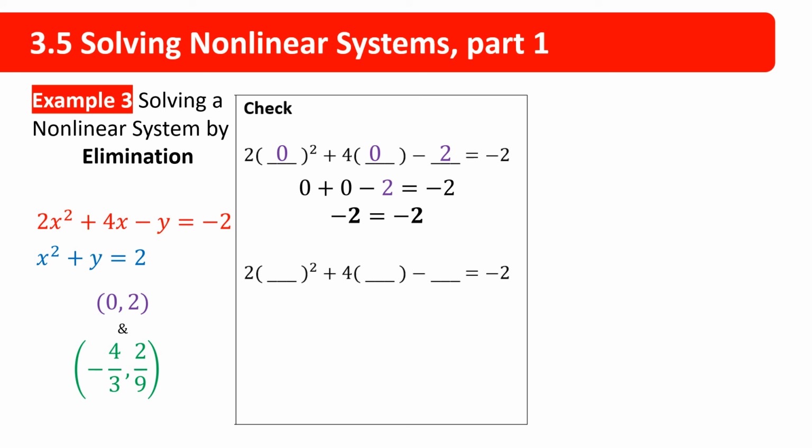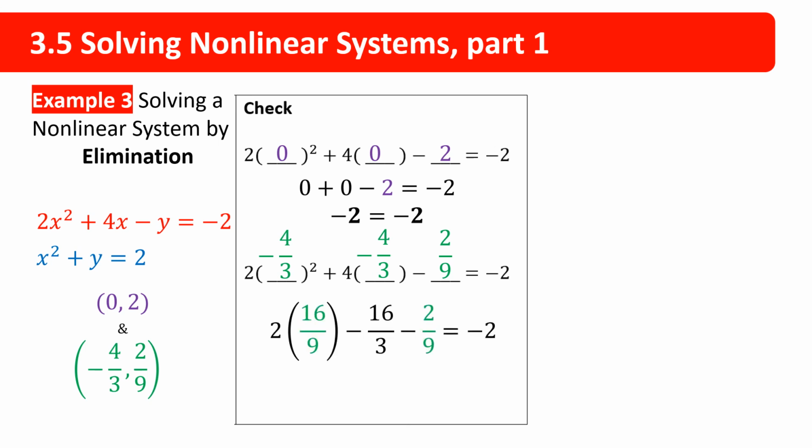If we take the same original equation and now take our second values for x and y, negative 4/3 and positive 2/9, we've got to perform our order of operations here. It's a little bit tricky because of the fractions, but negative 4/3 squared is 16/9, and negative 4/3 times 4 is going to get us to a minus 16/3. To get to our next step, if we distribute the 2, or multiply the 2 into the parentheses, we're going to get 32/9.